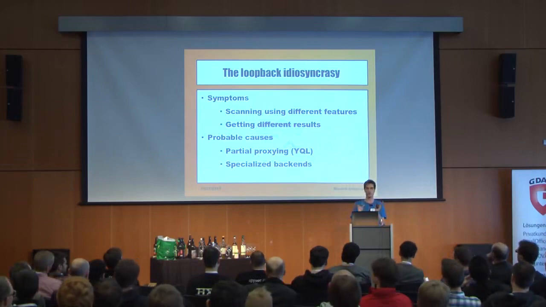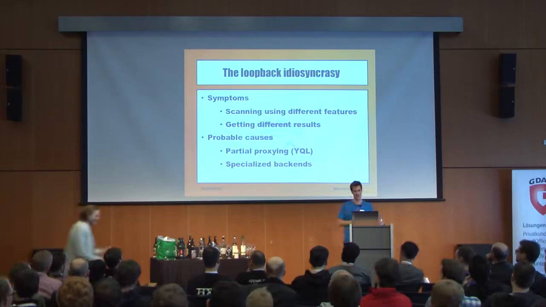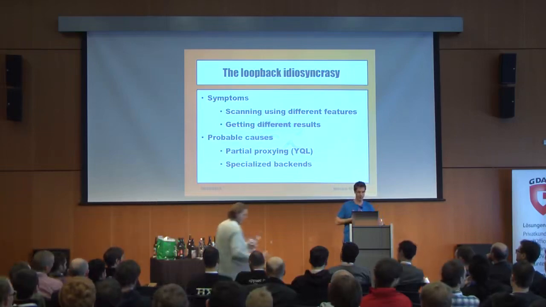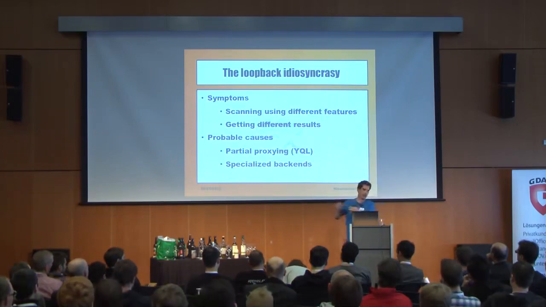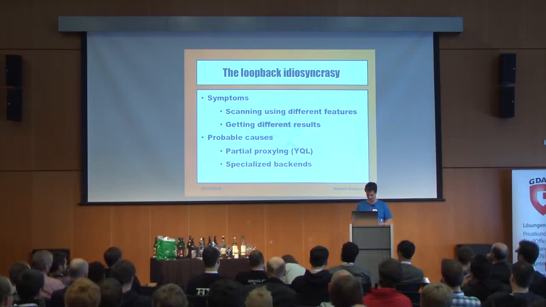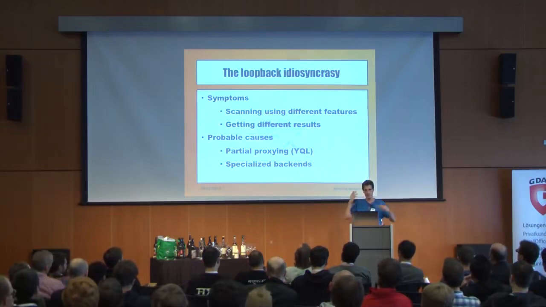So it's very important to notice this kind of differences. Or you may have a specialized backend. So depending on your target features, you may be routed to farm A or farm B, depending on what you ask for. Because you have to realize that most of the time we are in blind mode. So we really have to deduce things from small pieces of information.